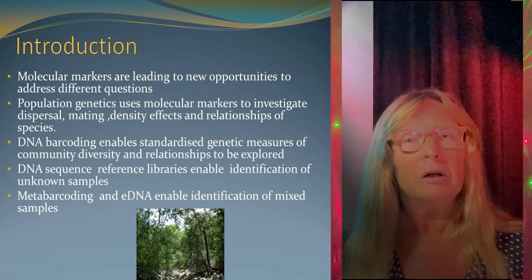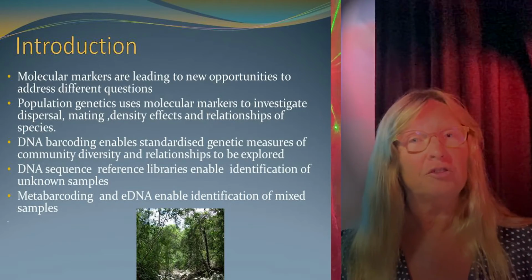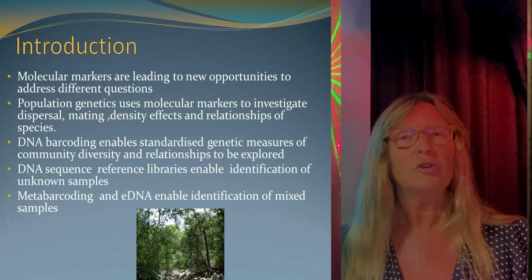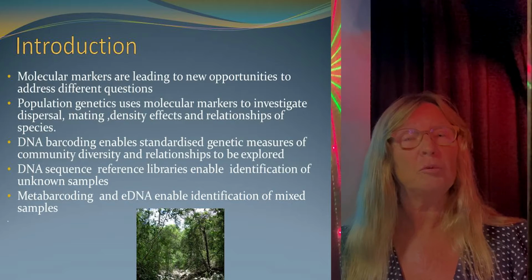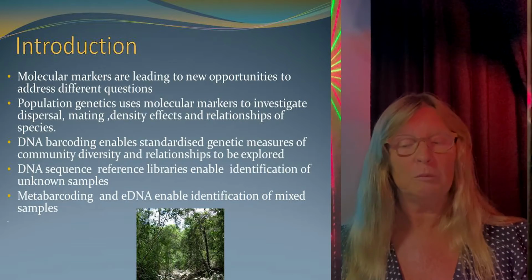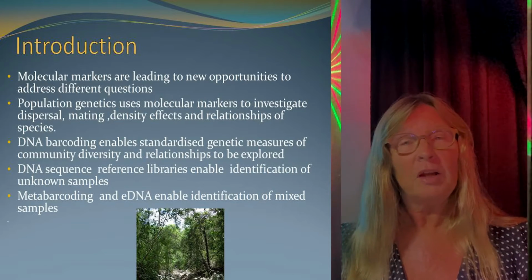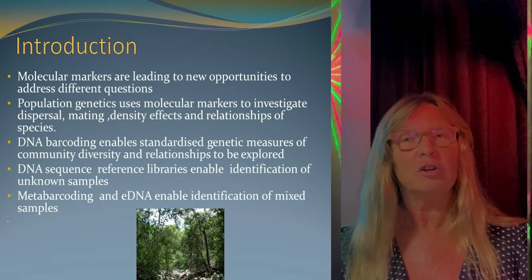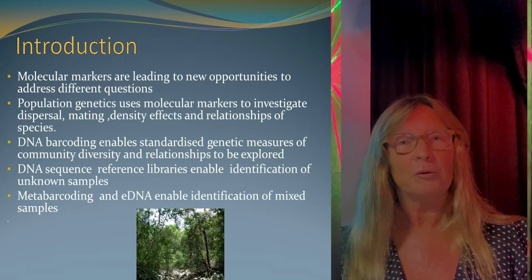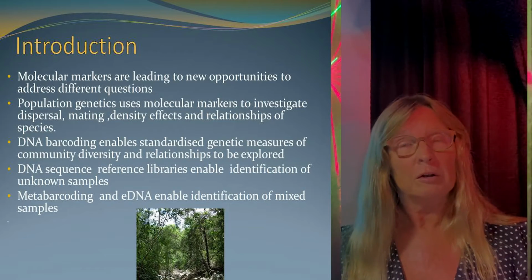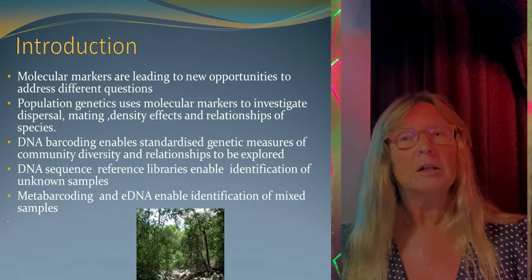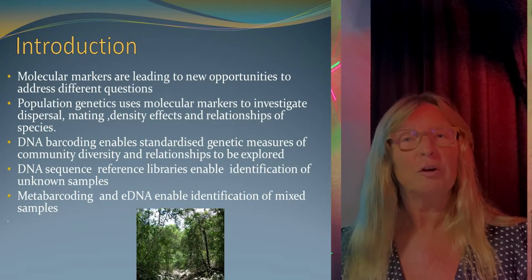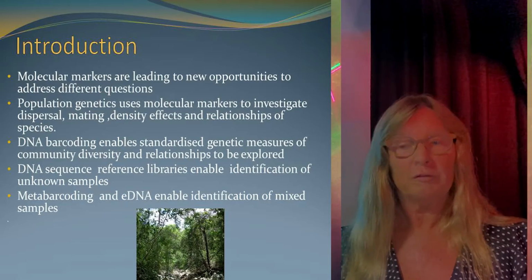DNA barcoding enables us to have standardized genetic measures that enable a kind of community genetics to investigate relationships and diversity of different communities. DNA sequence reference libraries enable the identification of unknown samples. And metabarcoding and eDNA enable the identification of unknown samples that are mixed, for example, in animal guts or in the environment.